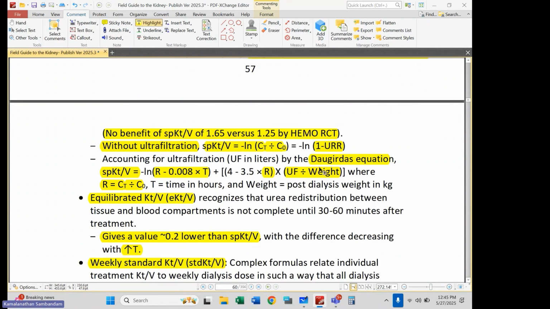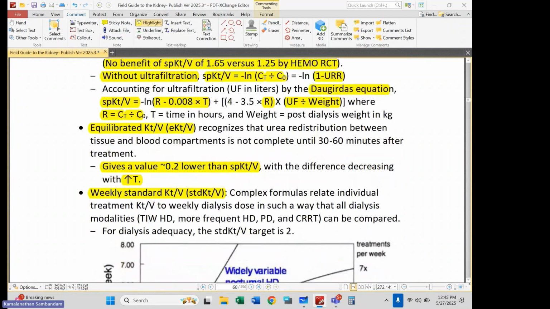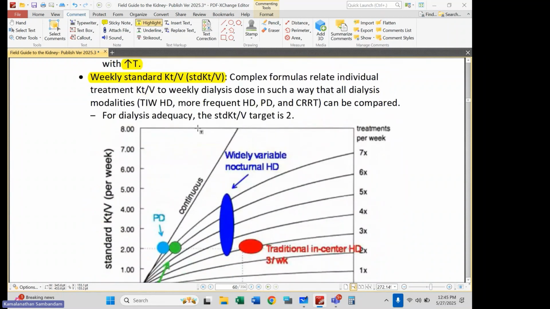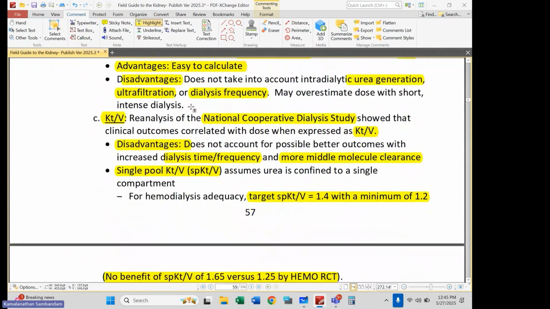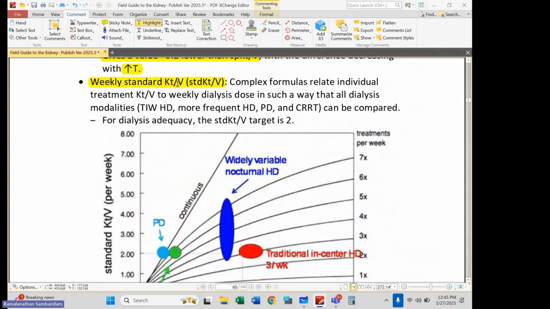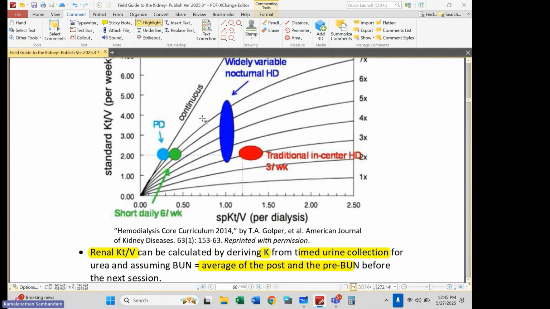You can make it more complicated with Daugirdas's formula, taking into account other things. And then you can also measure dialysis dosing and translate that into standard weekly KT over V.